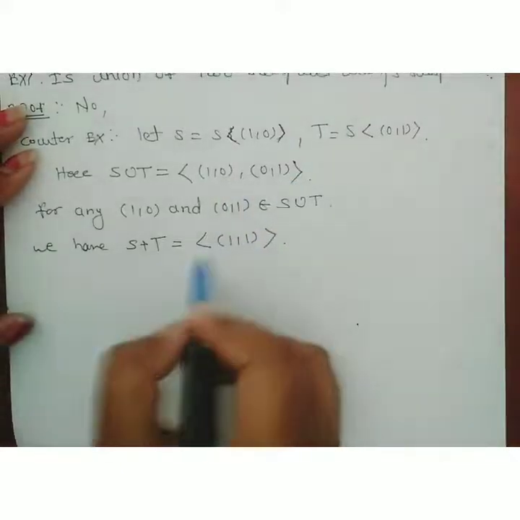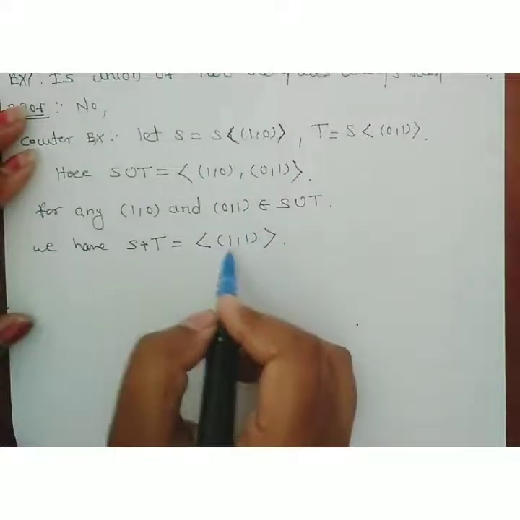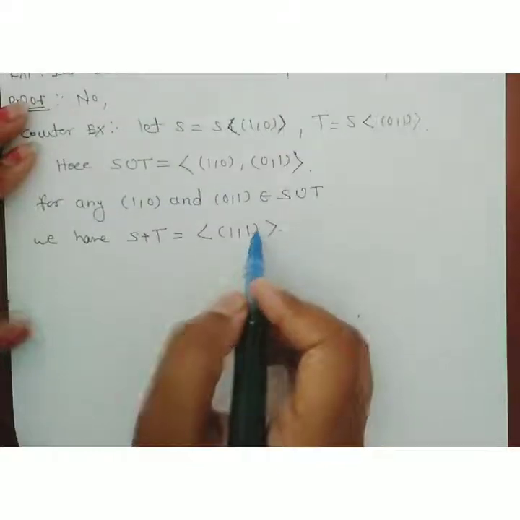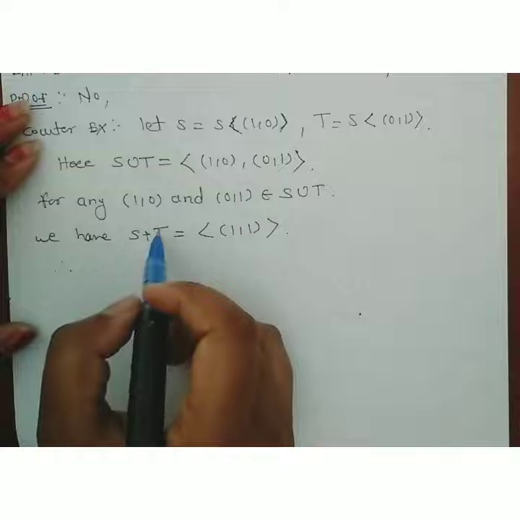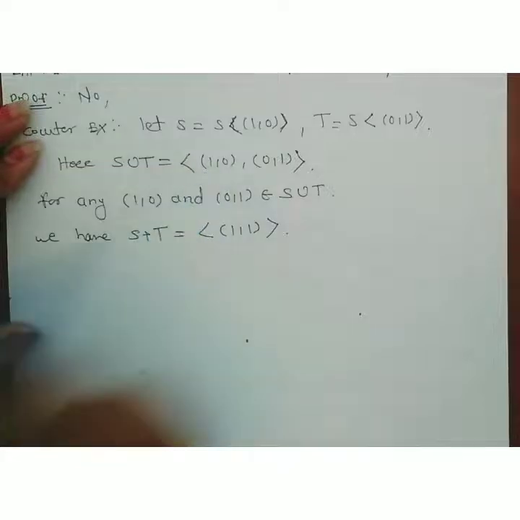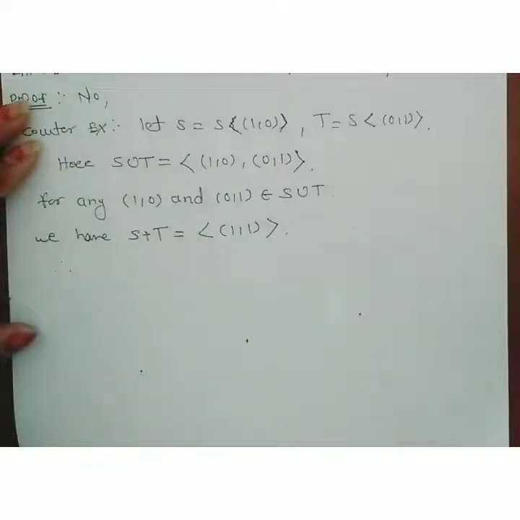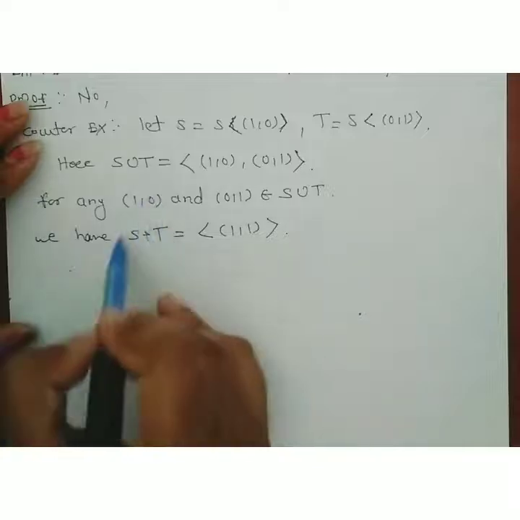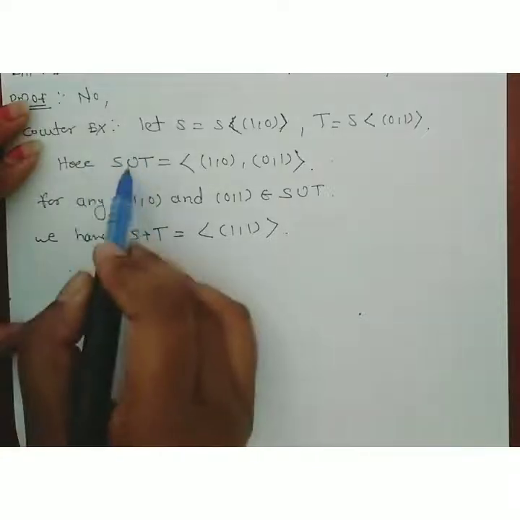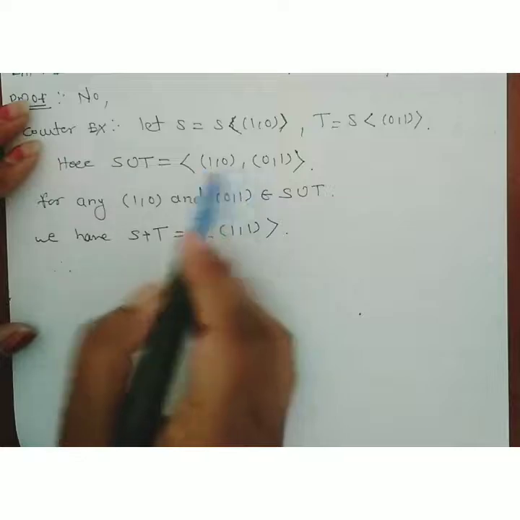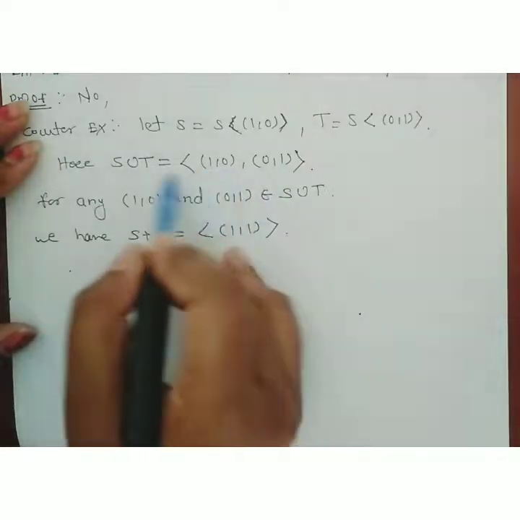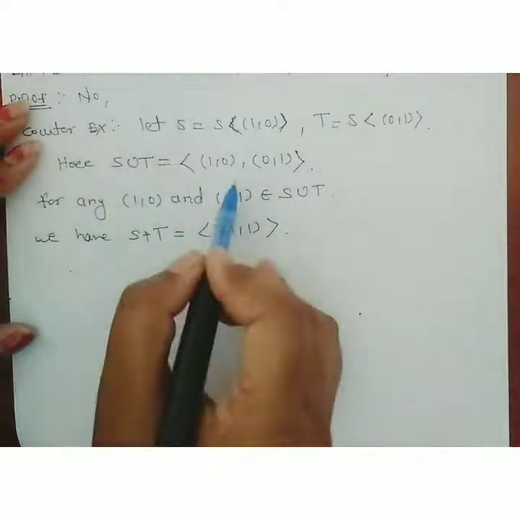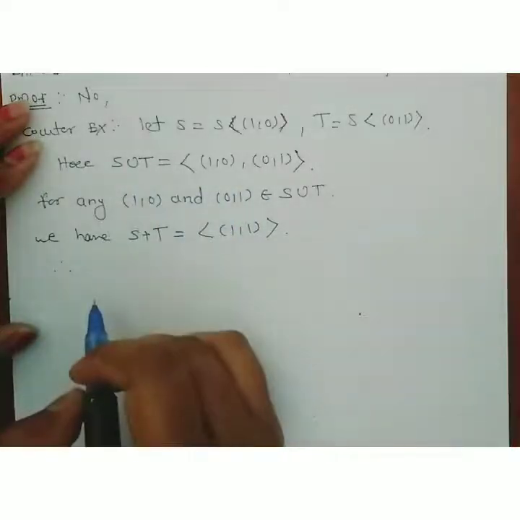We know that the first property of a subspace is that the sum again belongs to that set. But here, the addition is the ordered pair (1, 1), and this ordered pair does not belong to S union T. Therefore the first property is not satisfied.